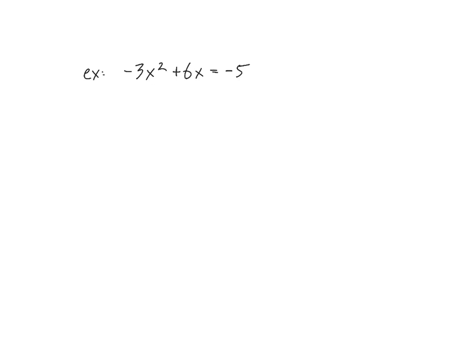So we need to set it equal to 0. To set it equal to 0, we're going to need to add 5 to both sides. And we are going to get negative 3x squared plus 6x plus 5 equals 0.